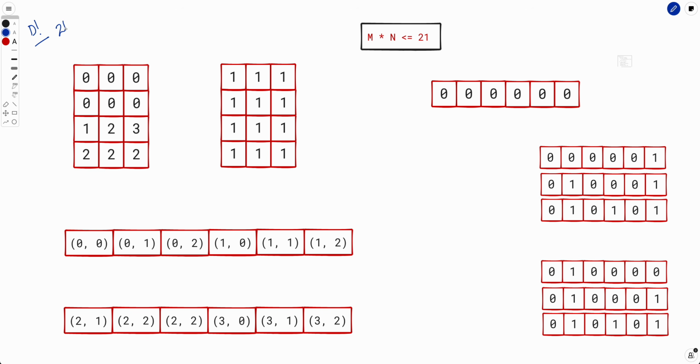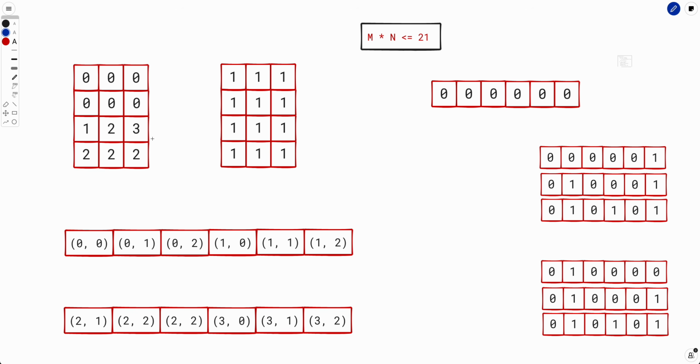Again, not exactly 21 factorial, but we can assume it to be 21 factorial, and this will not pass. In the previous problem, the constraint was that the grid size is exactly 9, so that's where 8 factorial was passing. But here 20 factorial or 21 factorial will not pass. So we need to do something better, right?